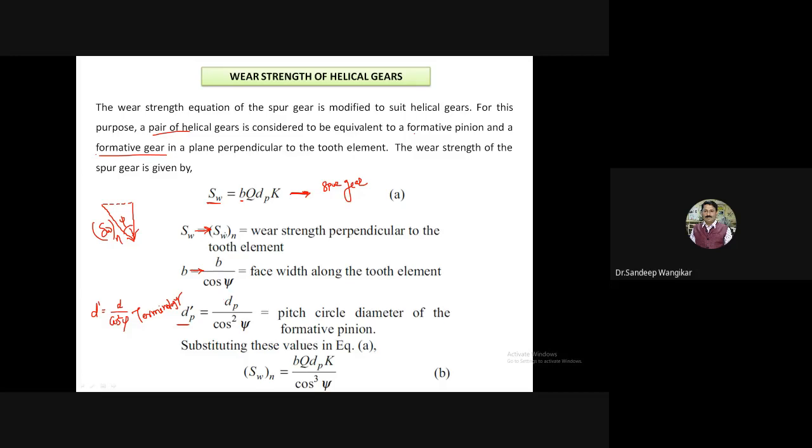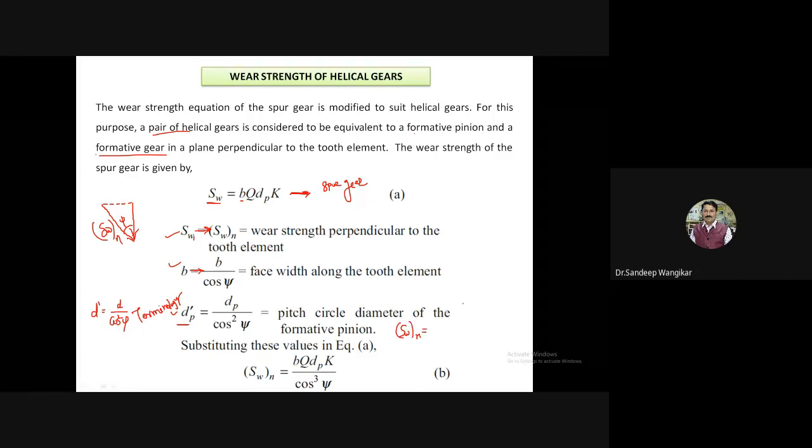So if I substitute the values of this particular Sw, B and dp in equation A, the equation A will become: Sw will be replaced by Swn, B Q it will be as it is, K divided by, at the denominator. I will write one step additional here.